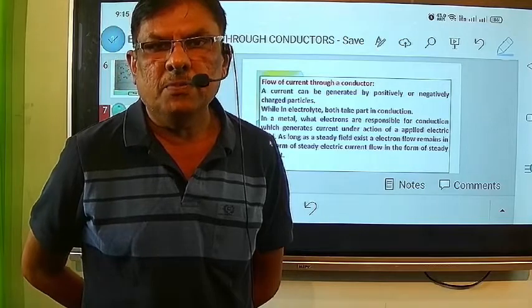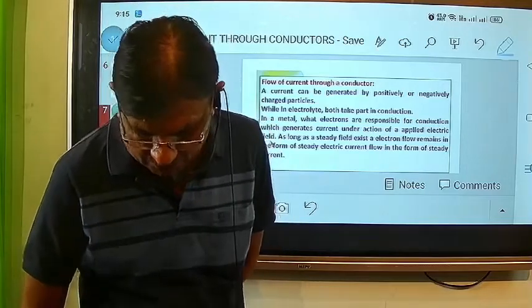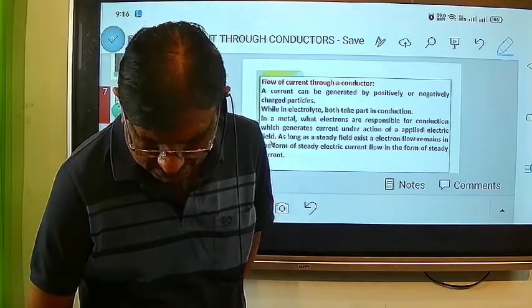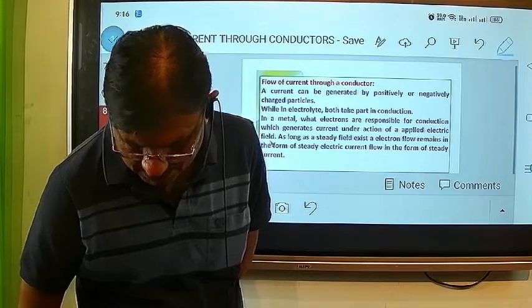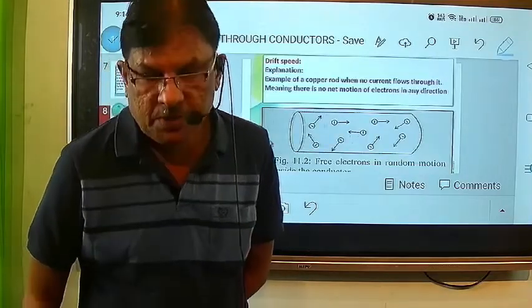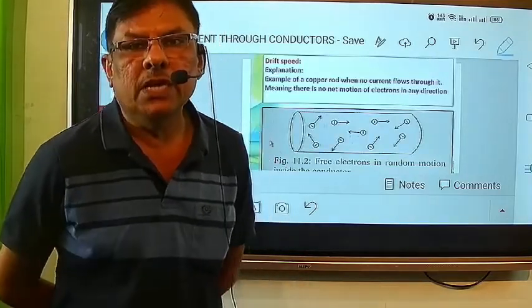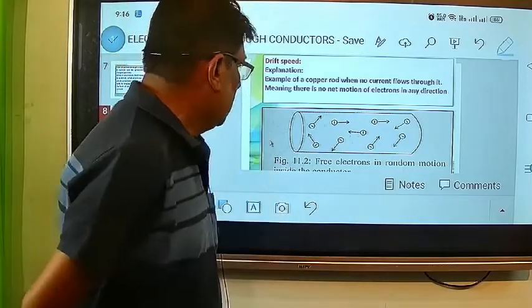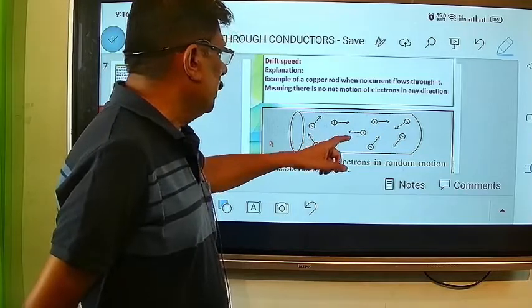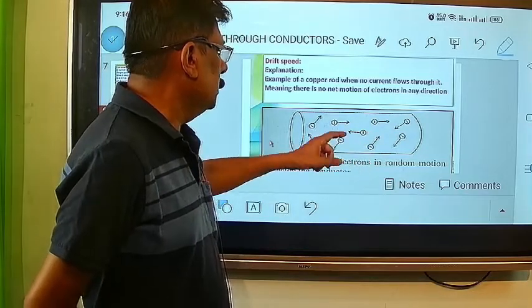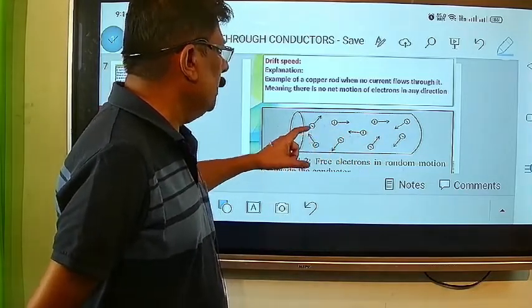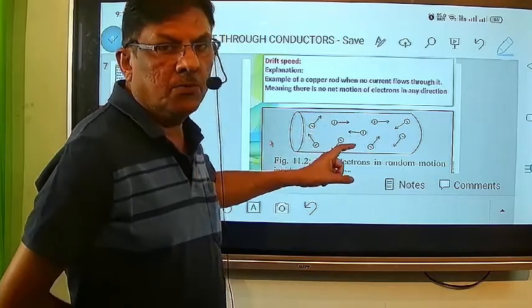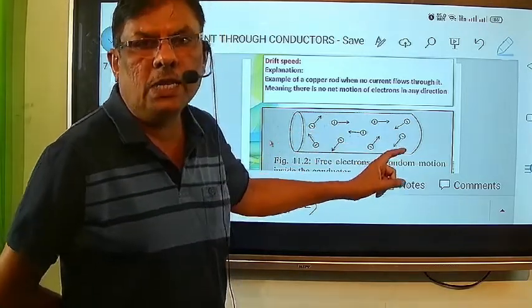Now when I apply it, you will find that in the figure, this is the first figure where we show that random motion is taking place. In this random motion, you will find that the charges are free, but they move on their own will.